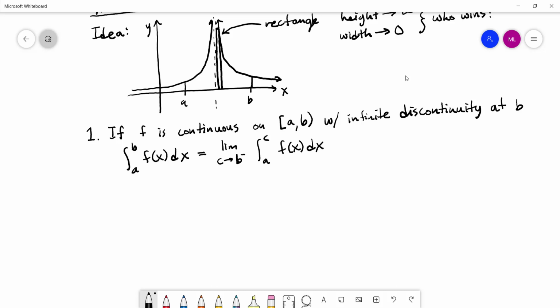So basically we're taking a left-sided limit.